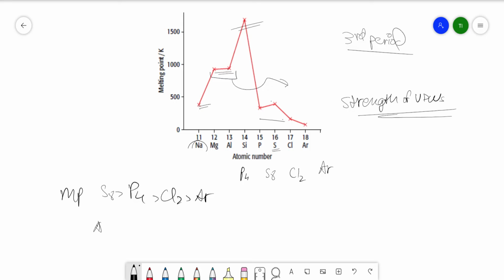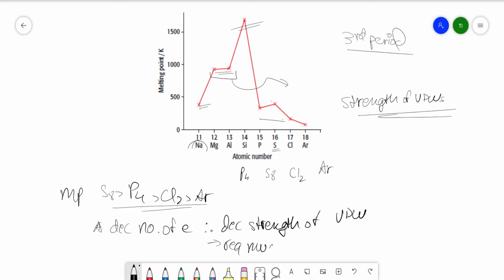And that is because across this trend there is a decreasing number of electrons, therefore decreasing strength of van der Waals forces, so much less energy is required to break or weaken them. And that is why the trend is like this for the non-metals. Now that is it for the trend in melting points across the third period.